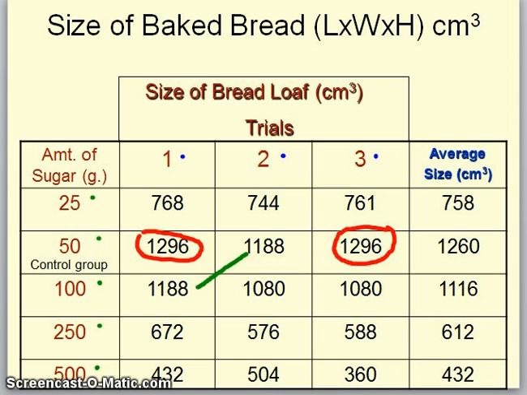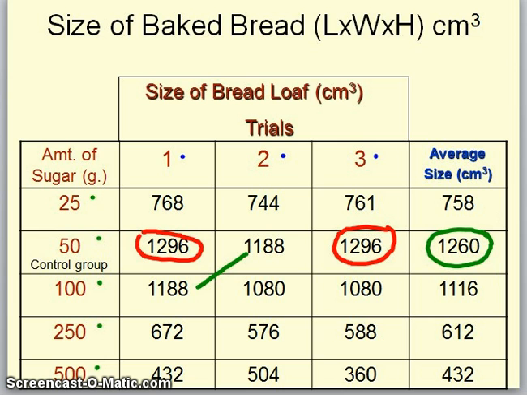So even though there was 100 grams of sugar and 50 grams of sugar, 2 of the numbers were actually the same. That's a little concerning, because even though there's that big amount of sugar, we did get the same size loaf of bread. However, if we look over here, the average is the best at the 50 grams of sugar. So we could say with this that 50 grams would be the best to use.